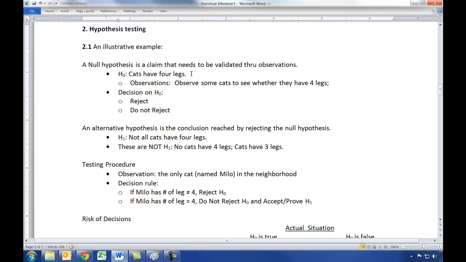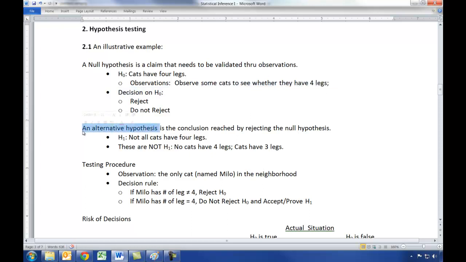We try to either reject or not reject the hypothesis based on observations. In this case, in order to validate this claim, our observation would need to consist of observing some cats and seeing whether they all have 4 legs.